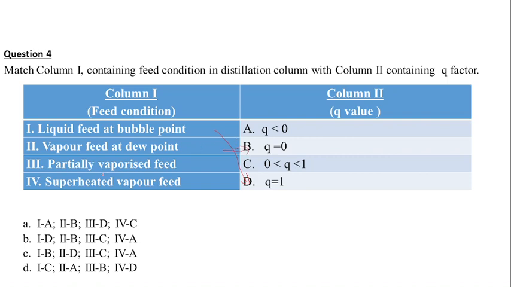If the feed is partially vaporized, then the Q value will be between 0 and 1. And if the feed is superheated vapor, then Q is less than 0. The correct option will be 1D, 2B. The correct option will be B.